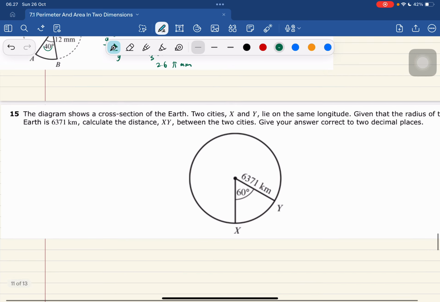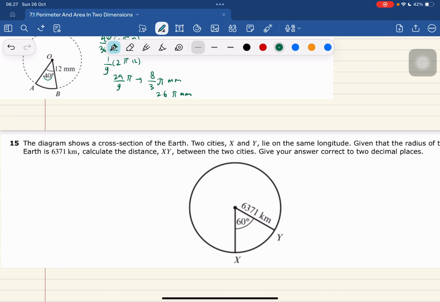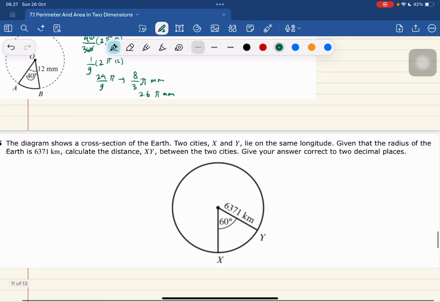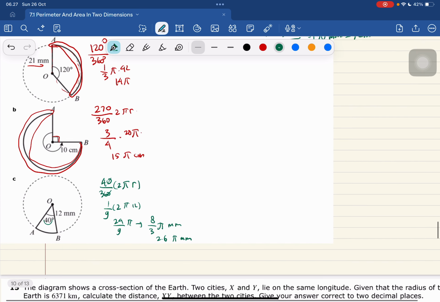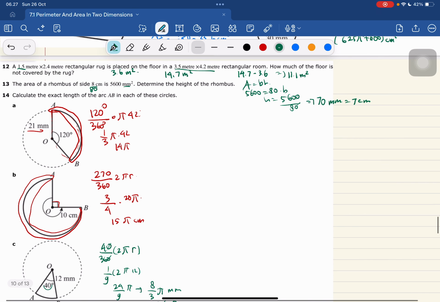Now is number 15. The diagram shows a cross section of the earth. Okay, two cities X and Y lie on the same circle. Given the radius, calculate the distance. Okay, the distance is the same thing like we find the length of the arc.